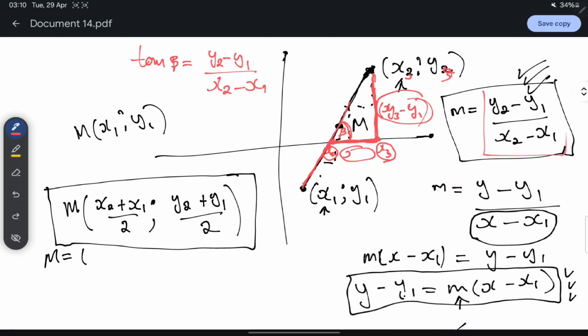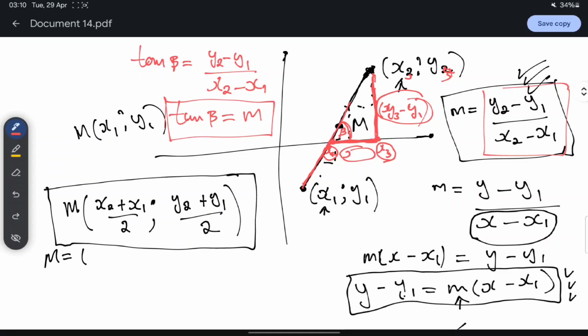This is the formula of the gradient, which means my tan beta is equal to my gradient. So this is the formula you are going to use when you're finding the angle of inclination.